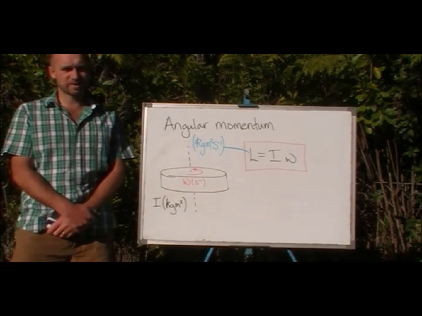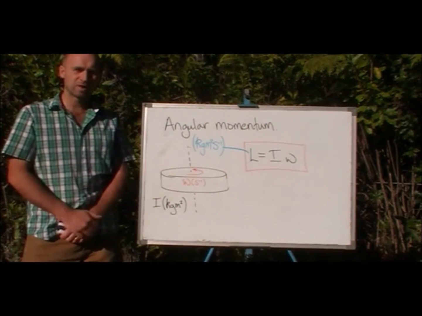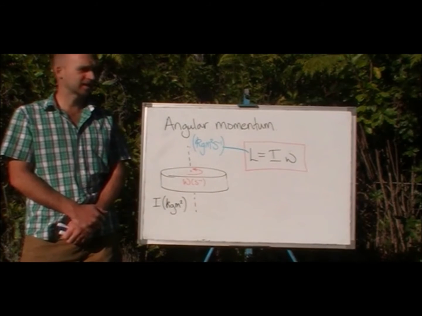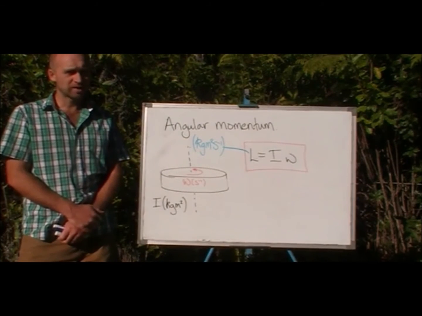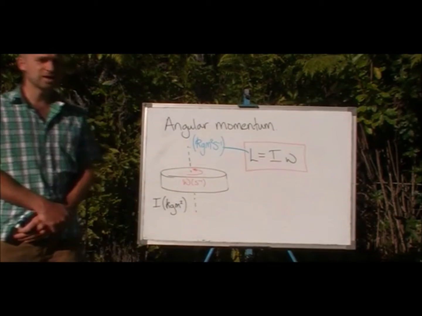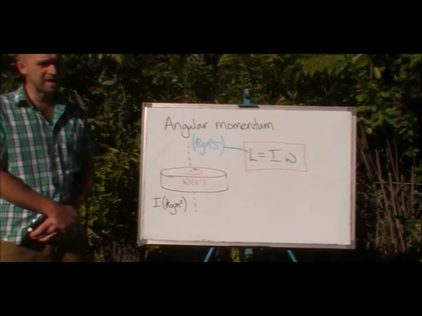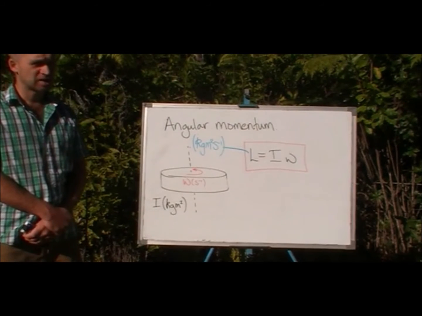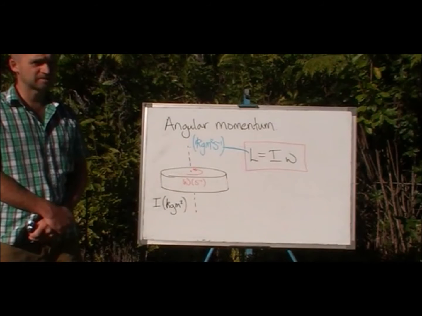There's nothing to stop us making adjustments of where the mass is located while something is rotating. And so the trick with angular momentum is you can't always assume that the inertia stays constant. The inertia of a rotating body might change, even though the mass of that body doesn't. Keep your eyes out for that.